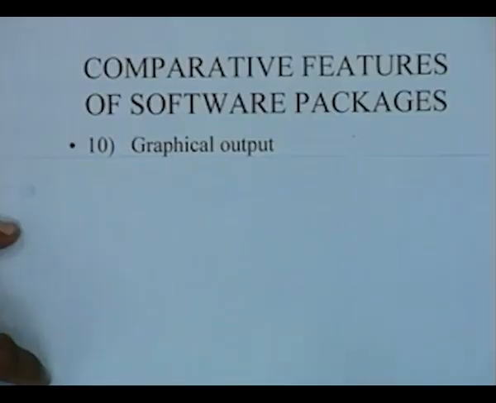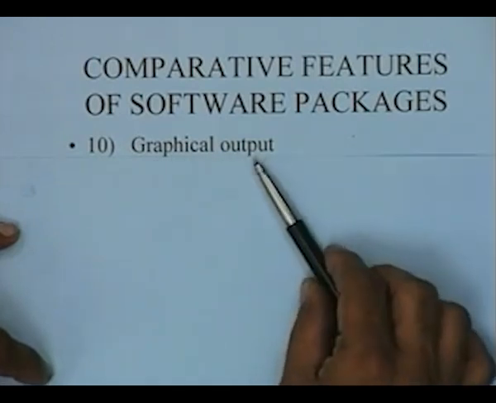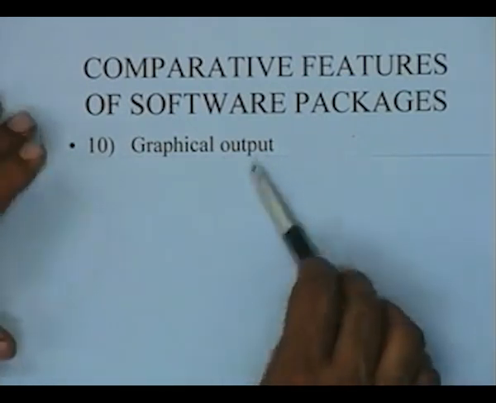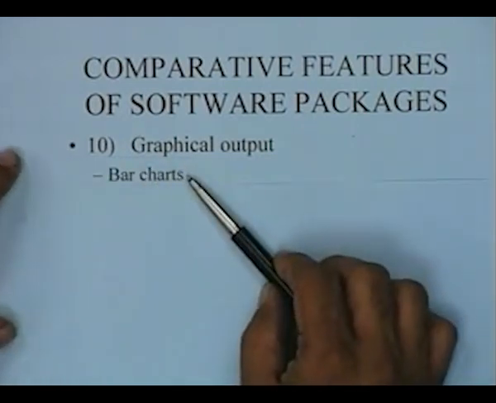Another thing which is happening is this, we were talking about reports. So the 10th feature is what kind of graphical output the computer package gives you. Typically when you're talking about graphical output, we are interested in things like bar charts.